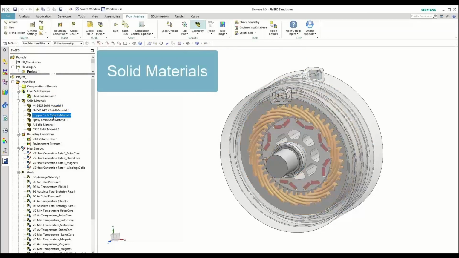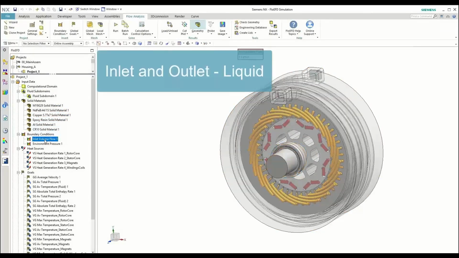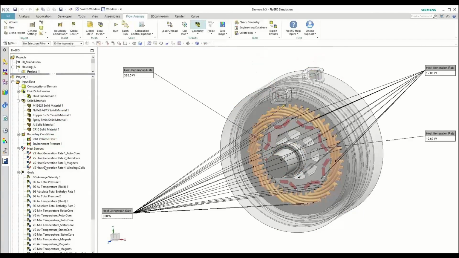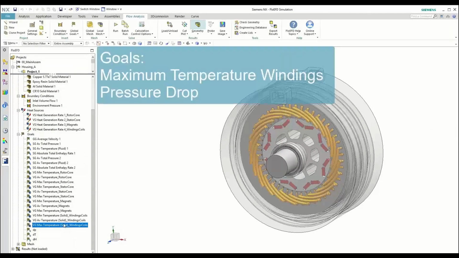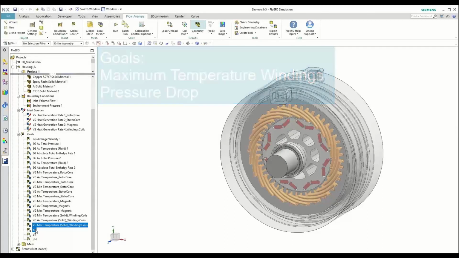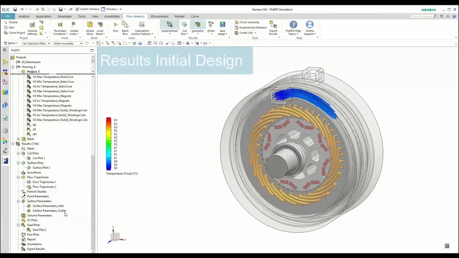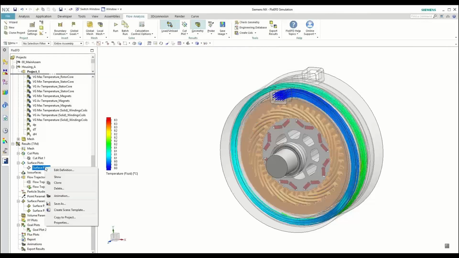From there, of course, we're going to define the materials used in the design, setting the inlet and outlet of the cooling liquid that's going to cool the windings, and mapping the heat sources from the electromagnetic analysis to the components. And our goal, of course, is to minimize the temperature, to make sure that it falls under a given 120 degrees Celsius. So let's establish the baseline and look at the results without any cooling optimization.